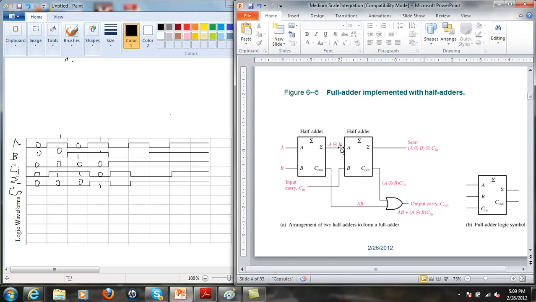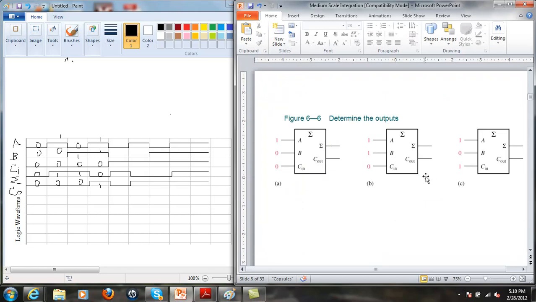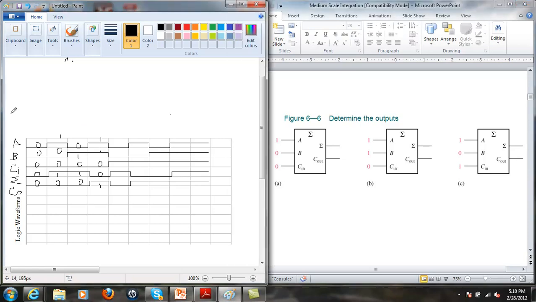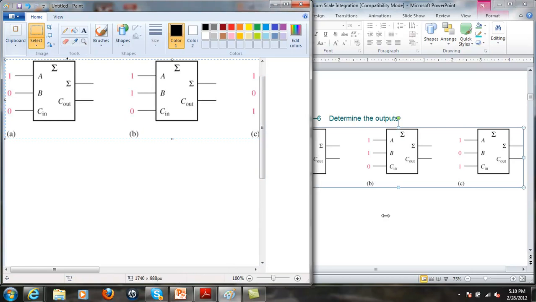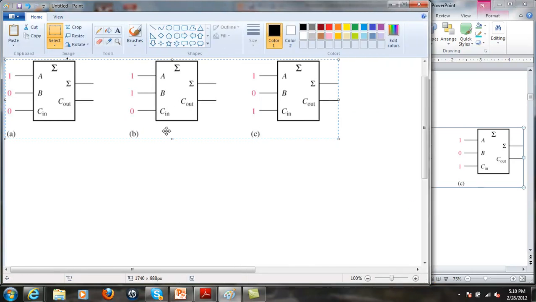A half adder has no carry in, but it has a carry out. This is an implementation of a full adder with half adders. Don't worry too much about that. Here's an example of some full adders, and it asks you to figure out the outputs.